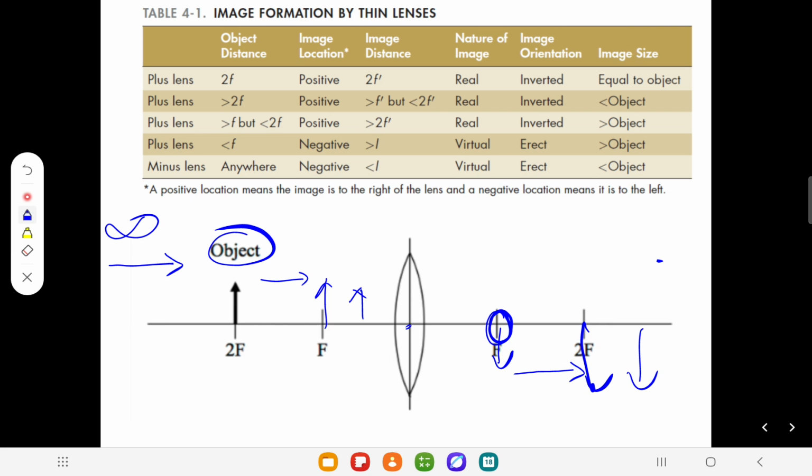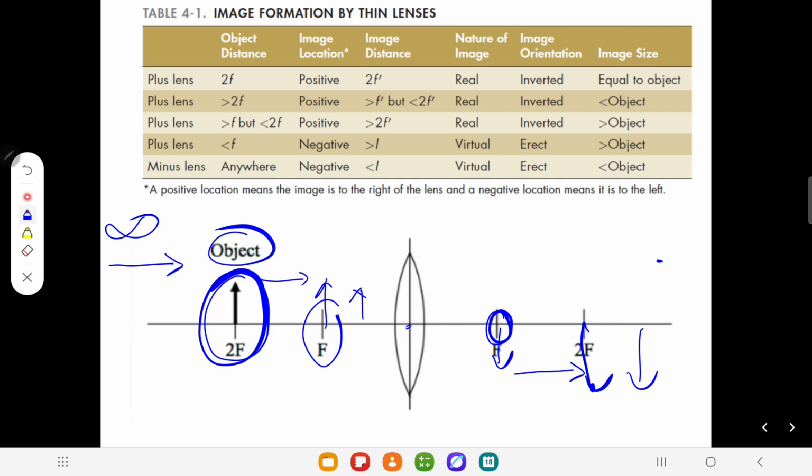So I want you to look at this scenario as a story: some object is at infinity, what happens to the image? When we move towards the 2f, in this game, 2f signifies magnification. 2f is where magnification is unity. Before 2f, there is always magnification, and after 2f, there is always magnification.